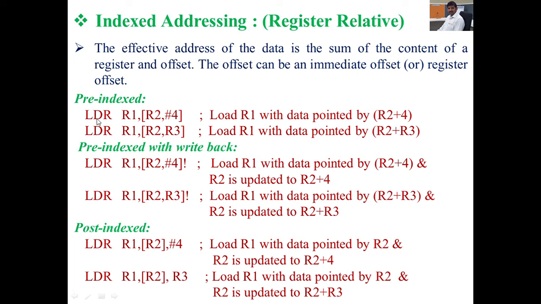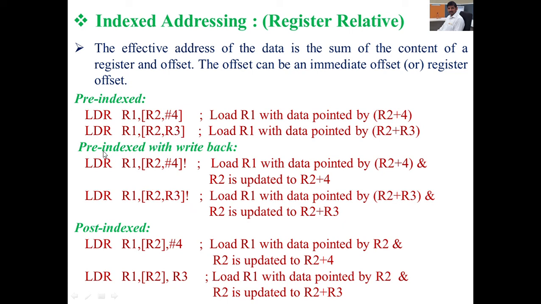In pre-indexing, first this register R2 is added with the immediate value 4, which indicates the address of the desired data. Then that desired data is moved into the R1 register. Similarly, here R1 with data pointed by R2 plus R3.